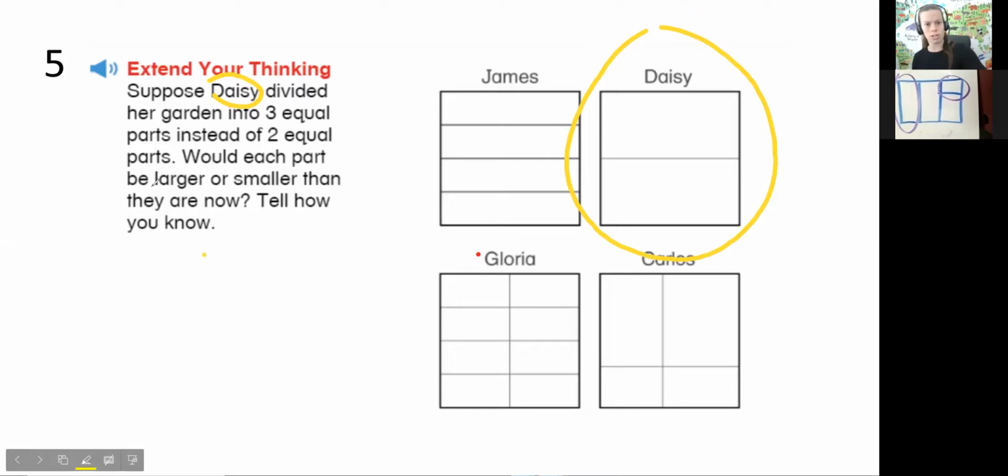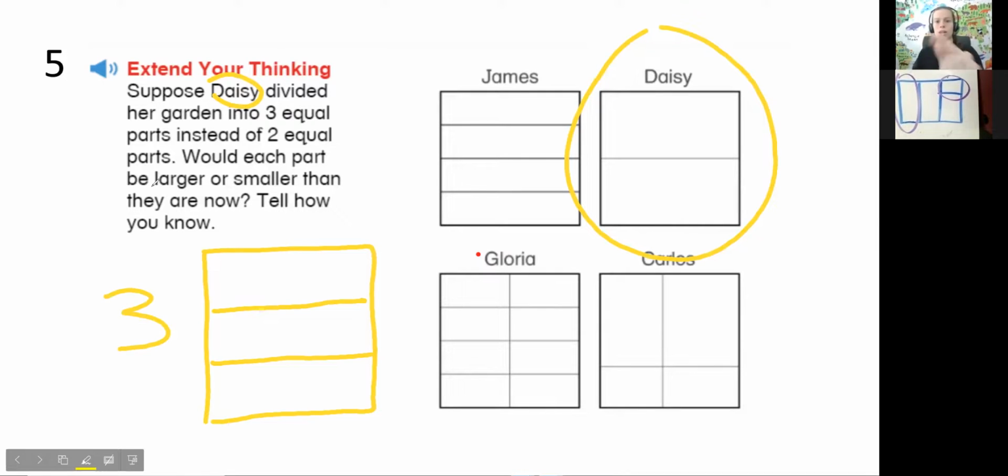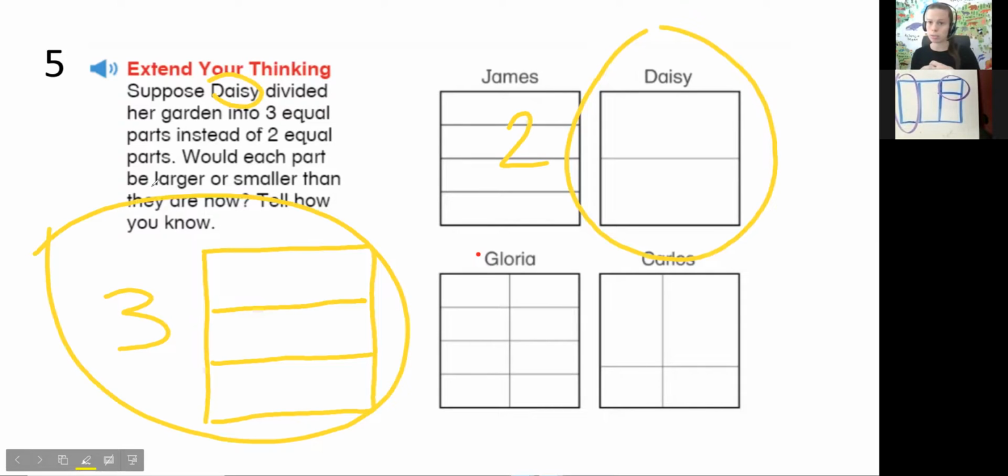So here's Daisy's garden, and she divided it into 3 equal parts instead of 2. Would these parts be larger or smaller? That's a very good question. So when I divide into 3 pieces, do I get a larger piece, or do I get a smaller piece?